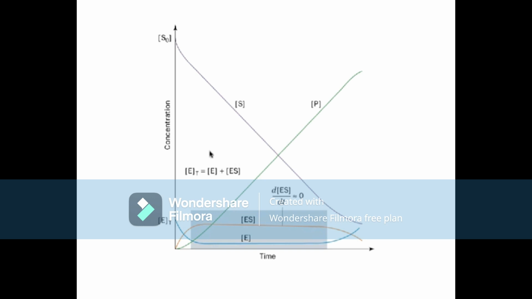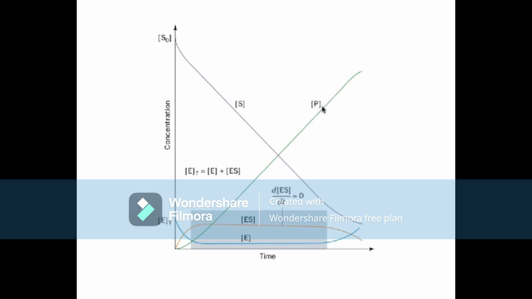All right, so what we're looking at is this regime here, where it's the initial rate, but not the very first, maybe second or less. We want the point where the enzyme substrate complex is pretty much constant. So it's going to be formed early on, and now we're at the steady state approximation where the product is being formed and the substrate is dropping. Now, if you go too far out, the product will accumulate and the reverse rate becomes non-negligible.